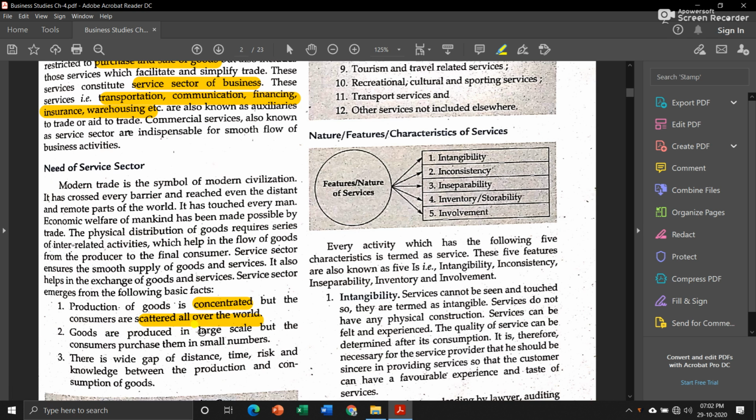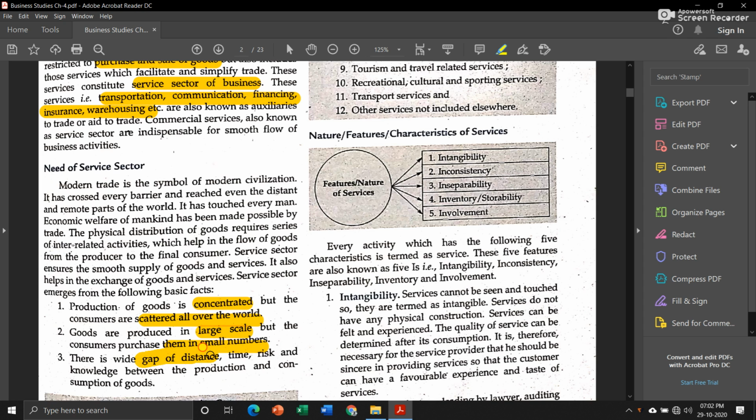Goods are produced on a large scale, but consumers purchase them in small numbers. Manufacturing companies don't produce one or two units of a commodity, but produce in large numbers. But consumers purchase in small quantities, like one or two units, as per their convenience.